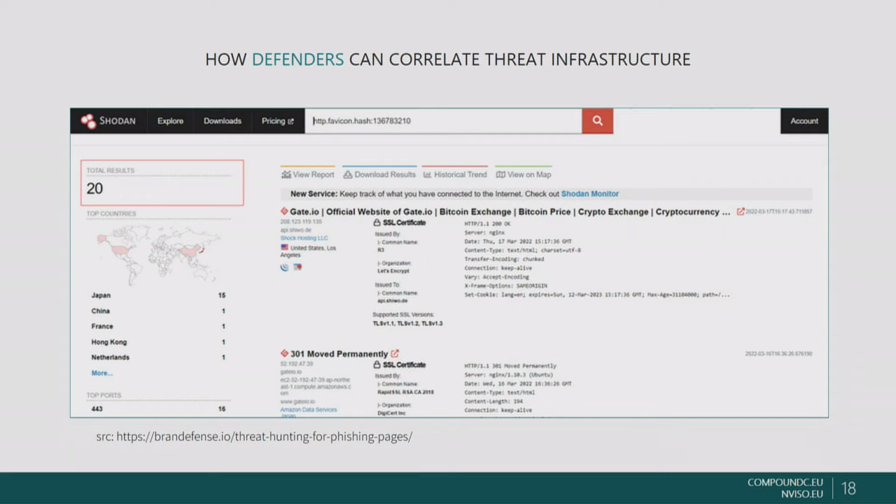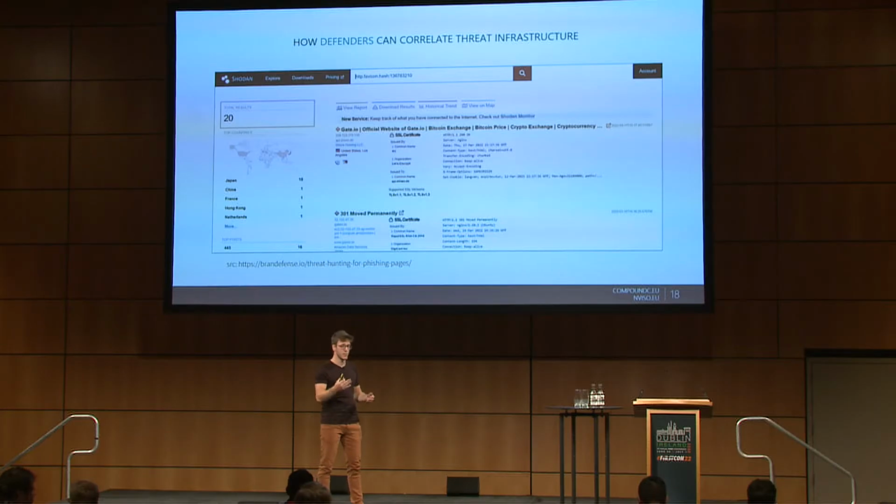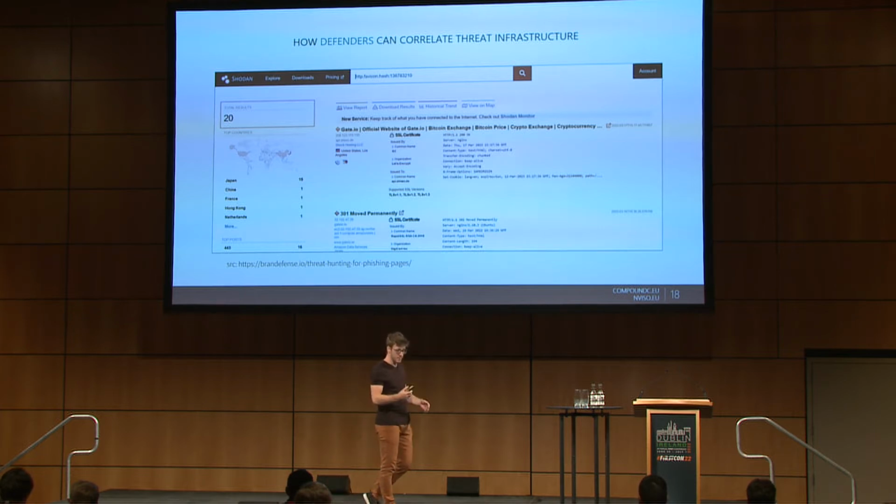What they do is take the hash of a phishing page that they found, for example from the favicon.ico, and search for it in a service like Shodan to see which other web pages are showing it in the front. This way you can detect more domains that might be suspicious or targeting your company.